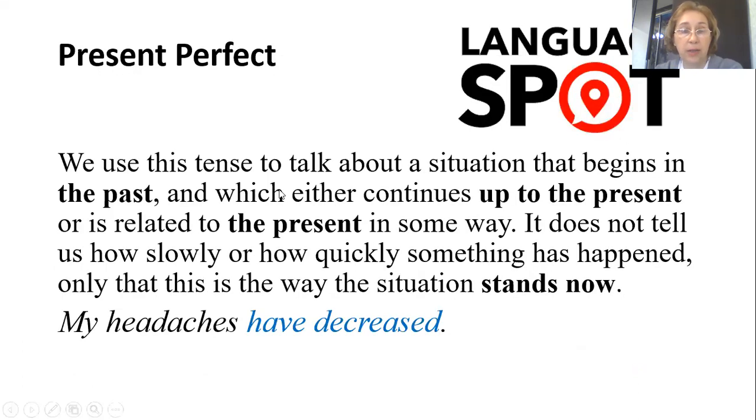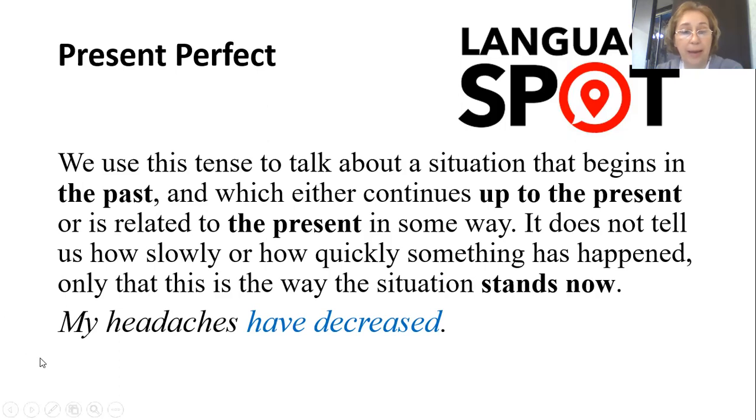And the next is the present perfect tense. We use this tense to talk about a situation that begins in the past and which either continues up to the present or is related to the present in some way. It does not tell us how slowly or how quickly something has happened, only that this is the way the situation stands now.